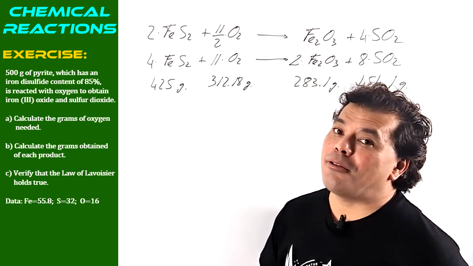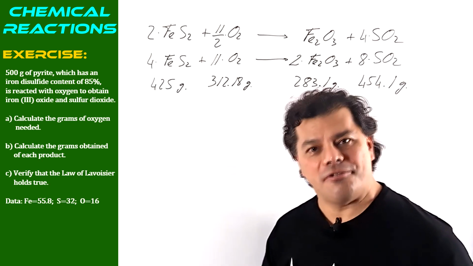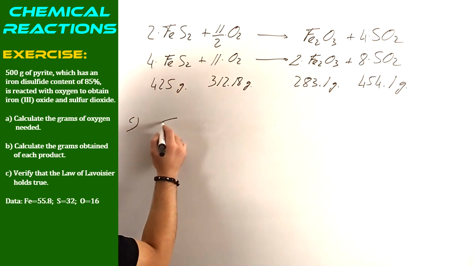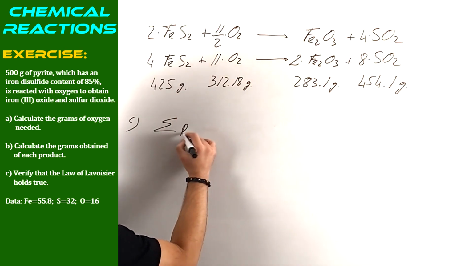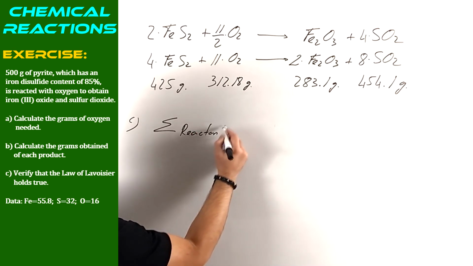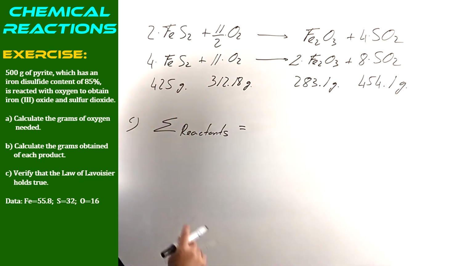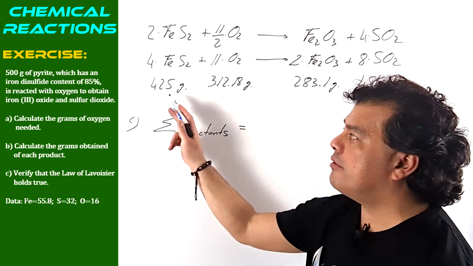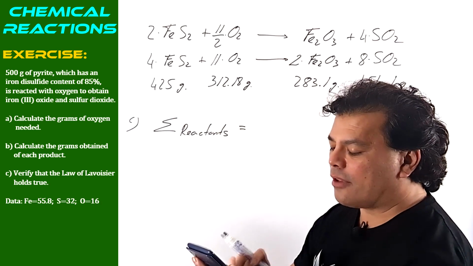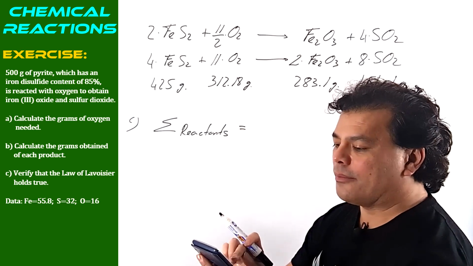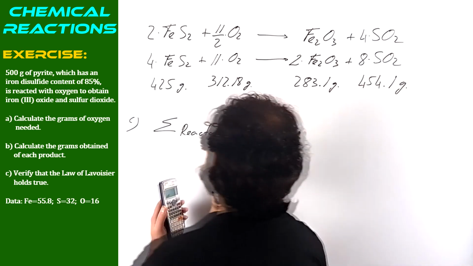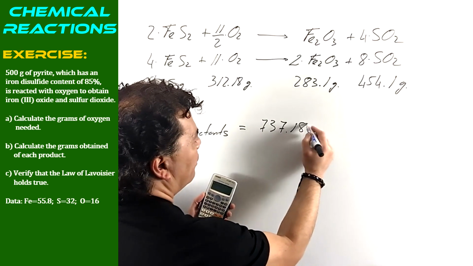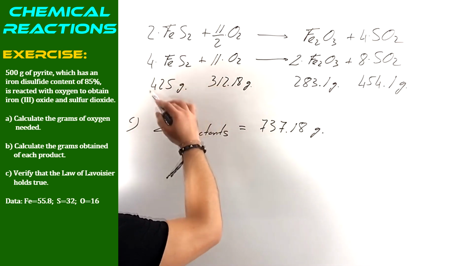And now it's time to verify that Lavoisier's law holds true, which means to just add the grams we have obtained in reagents, which means to do 425. Let's use our calculator to do 425 plus 312.18. It gives us 737.18 grams in reagents.